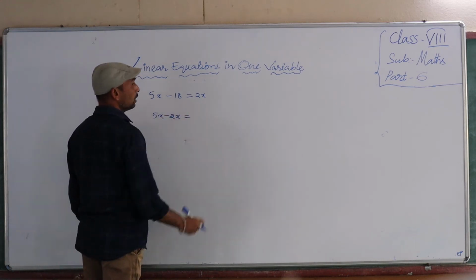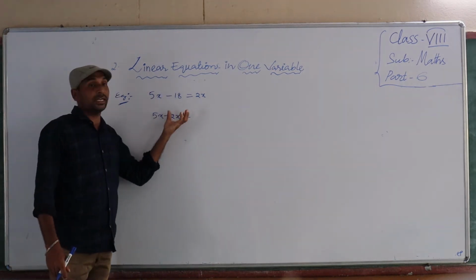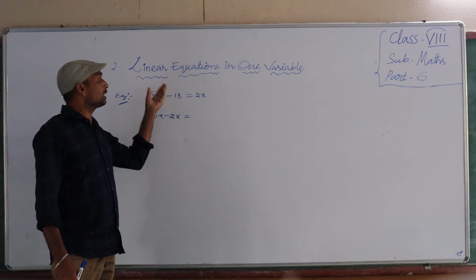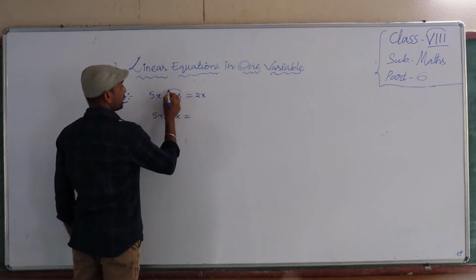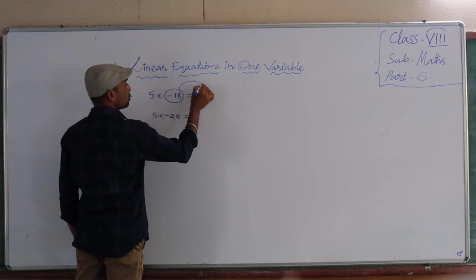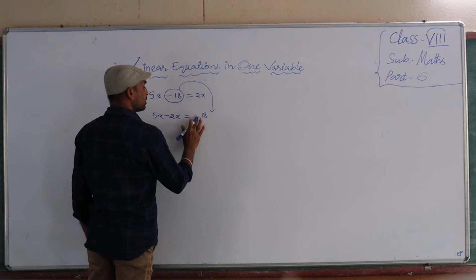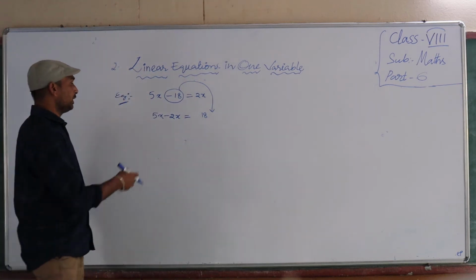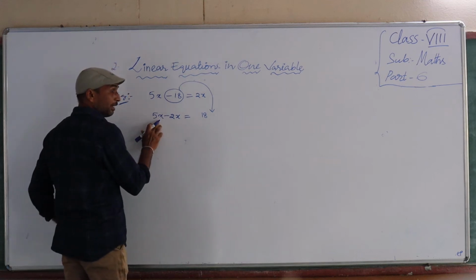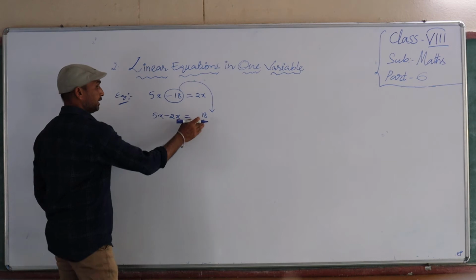That is equal to, then if constant terms are on the left side, you have to transpose them to the right side. So here minus 18, this transposed to the right side, it will become plus 18. Plus symbol, if you want to write, then write, otherwise no need to write. So 18. Then 5x minus 2x is equal to 18.